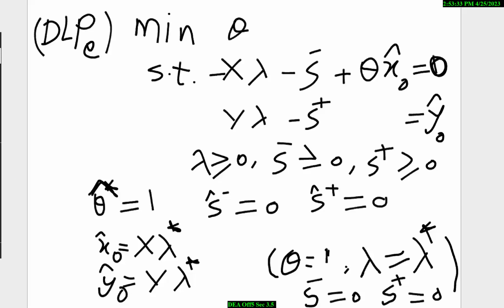And since this was the max slack solution, and this solution has the same objective value and the slacks are 0, this solution is also a max slack optimal solution.